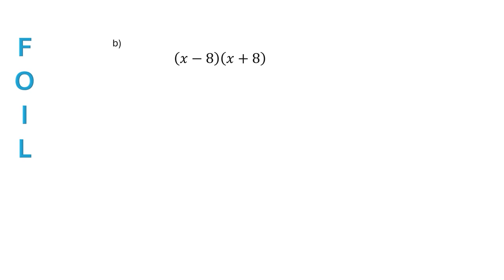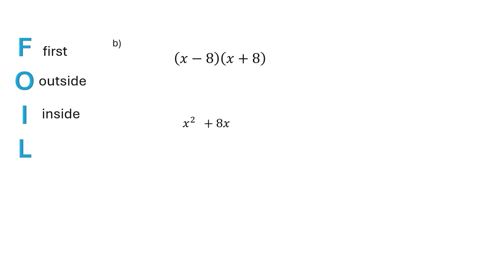Question B, x minus 8 times x plus 8. Our first terms are x times x, gives us x squared. Our outside terms, x times positive 8, gives us positive 8x.